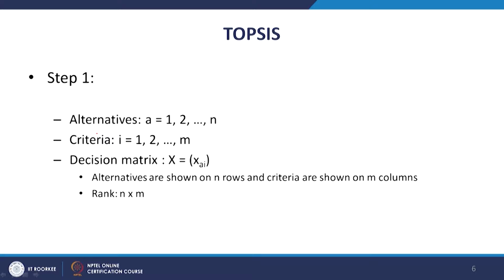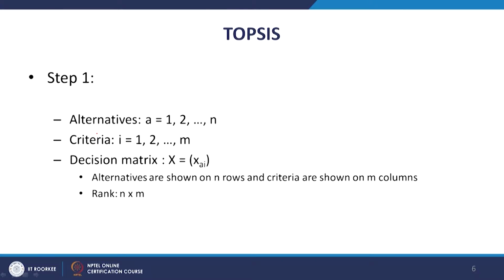Then we should also have the decision matrix. It is denoted using capital X, and the elements of this matrix are denoted as small x_ai. A is for alternatives, which are associated with the rows, and i indicates the criteria, which are associated with the columns.